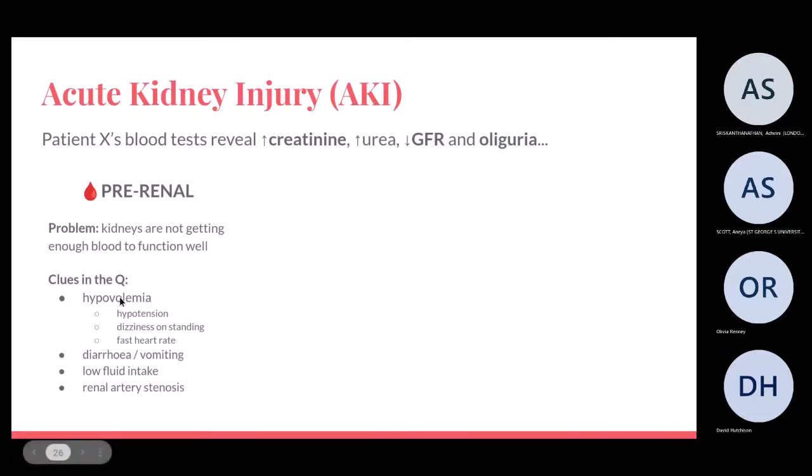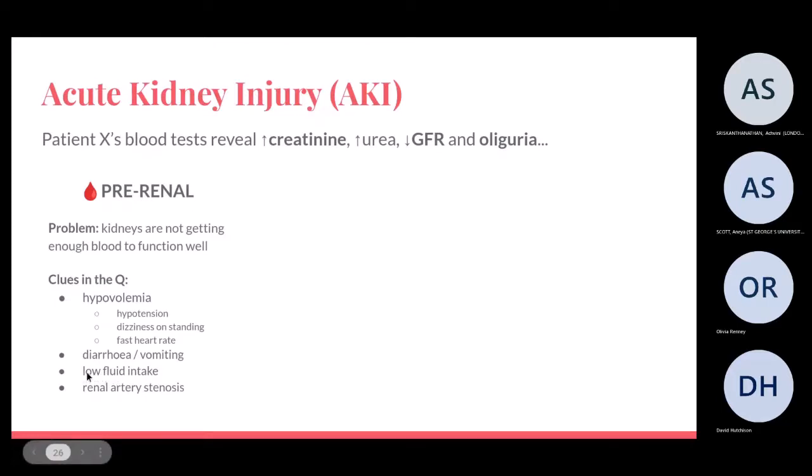So your clues in any question that suggest a pre-renal kidney injury are any signs of hypovolemia, so postural hypotension, dizziness on standing, fast heart rate, any excessive loss of fluids through diarrhea or vomiting, any indication they haven't been drinking enough fluid, like that other question previously where that chap was running around in the desert and he hadn't drank anything for ages.